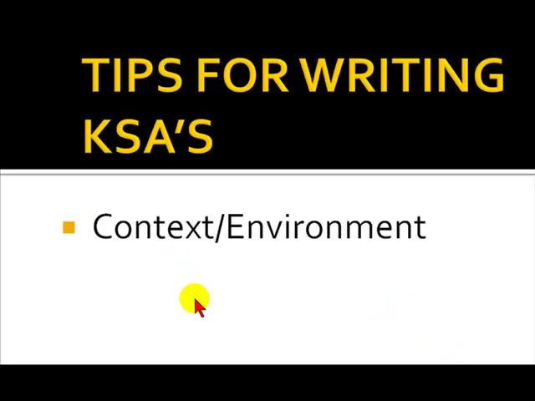One of the first tips is context and environment. Provide an overview of the situation you were in when you took action to resolve a problem. Say, if you were a teacher, talk about something in the classroom, or perhaps at a meeting or a committee.